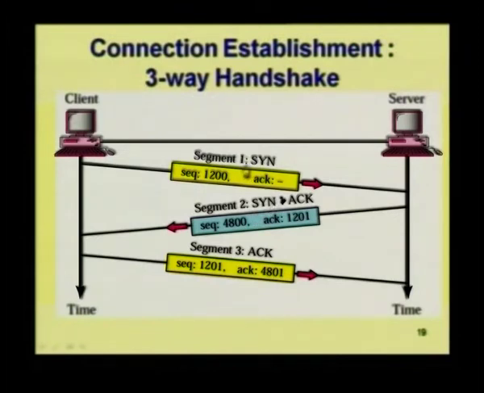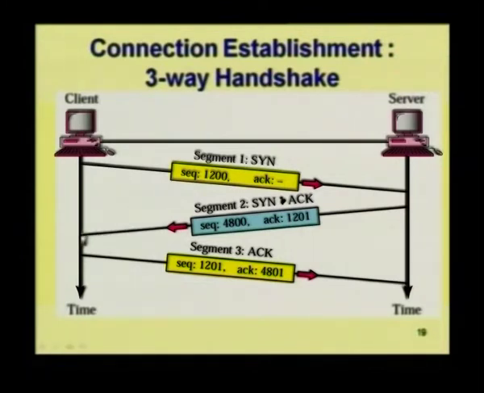That is, on receiving a SYN, the server sends back a SYN plus an ACK, and it also specifies the sequence number at which the server wants to start its sequencing process. In this example, it gives a value of 4800, and it acknowledges the sequence number that was sent by the sender. So the ACK bit will be set, and the acknowledgement number will have a value of 1201, saying that it is now willing to receive data starting from 1201.